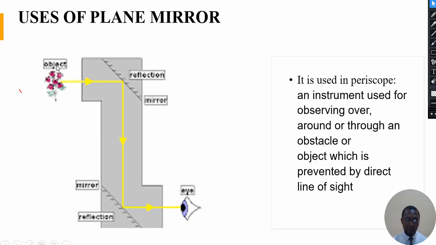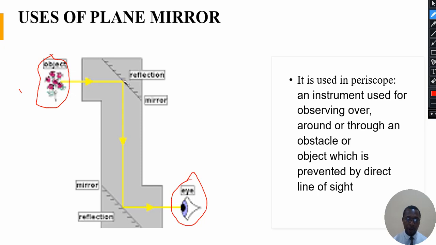You could see this flower here. The flower is out of sight from the viewer. But look at the viewer here. This is the viewer intending to see this flower. But probably because of security purposes, he cannot go on to see. All you need to do is to pick up a periscope, take it up. Now, the ray of light coming from the flower hits the first mirror here.